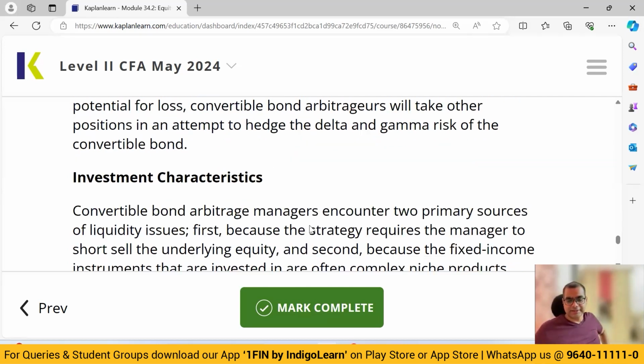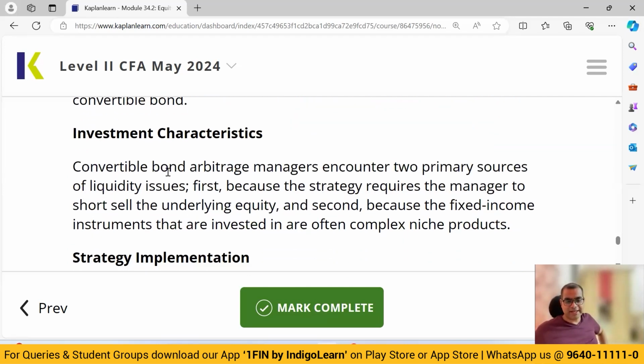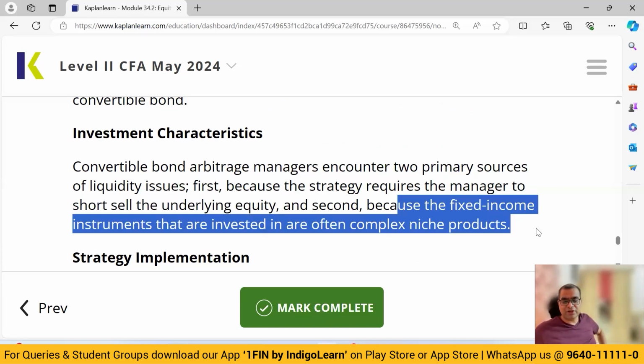Then investment characteristics: they have two kinds of liquidity issues. The first is that the strategy requires managers to short sell the underlying equity, and the second is that fixed income instruments are often complex, niche products. So what they mean is that when you enter into a convertible arbitrage, you buy the bond and sell the equity.